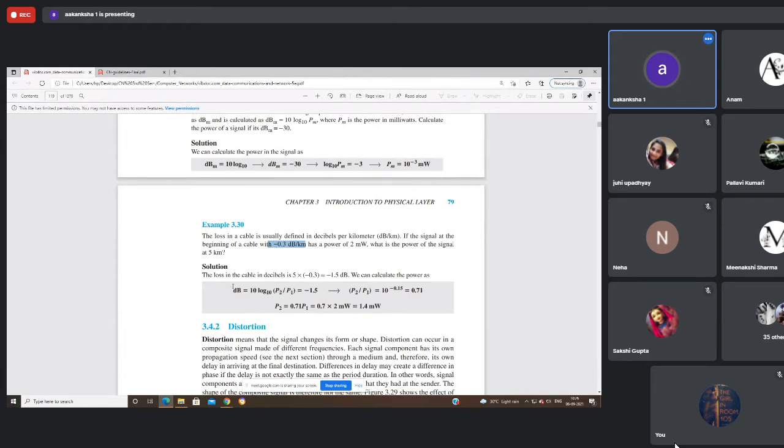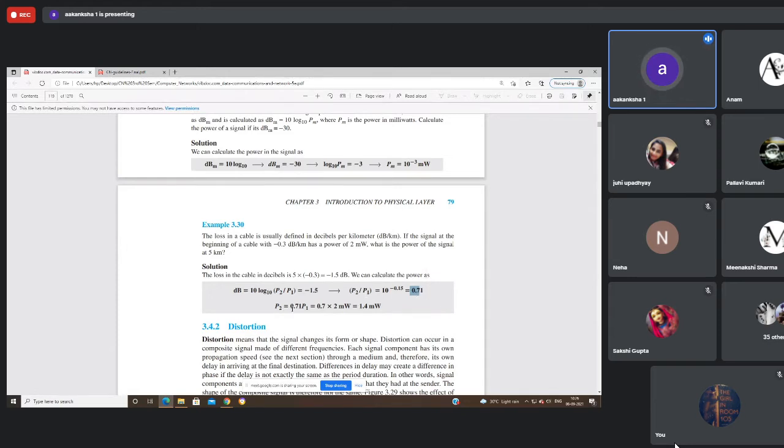So minus 1.5 is equivalent to 10 log 10 of P2 upon P1. So P2 upon P1 is 10 raised to power minus 0.15. If you see the log table, this will be 0.71.